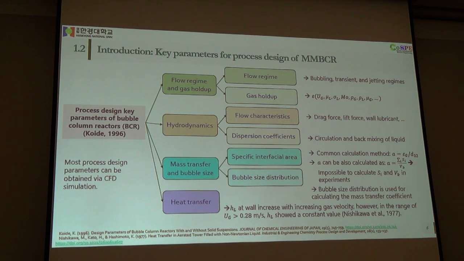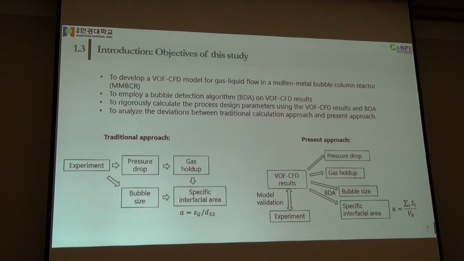Most of the key design parameters of bubble column reactors can be estimated or predicted by CFD simulation. So in this study, our objective is to develop the Euler-Euler CFD model for molten metal bubble column reactors. Since most common CFD codes have no algorithm to determine the bubble size distribution using the VOF, we need to introduce a bubble detection algorithm into the commercial code.